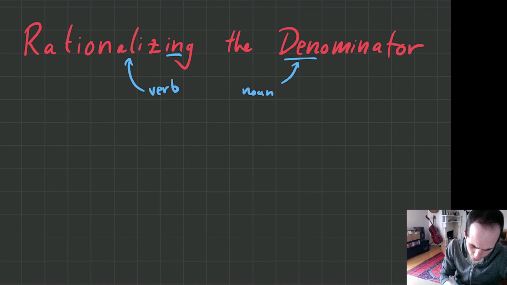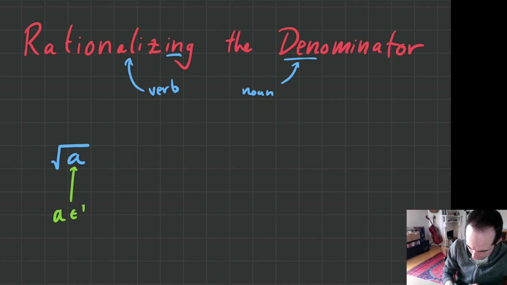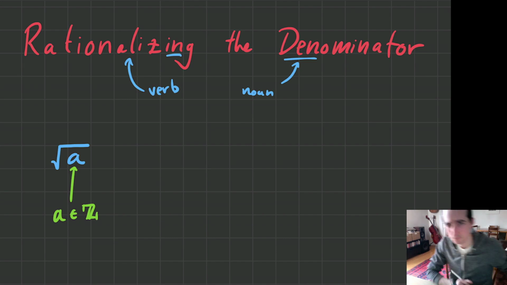So the idea of rationalizing a denominator is to take something that is irrational and turn it into something that is rational. So what I mean by that is, if I have a square root of a, and I'm going to assume at this point that a is an integer, okay?